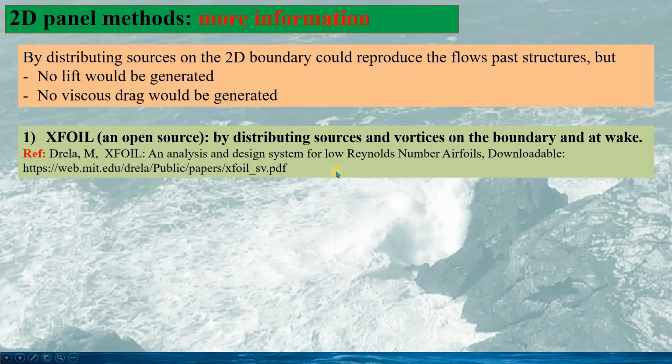For more information on the 2D panel method, we can find a good example, Xfoil. It's open source, used to study the airfoil by distributing sources and vortices on the boundary and at the wake. The reference can be downloaded from this website.